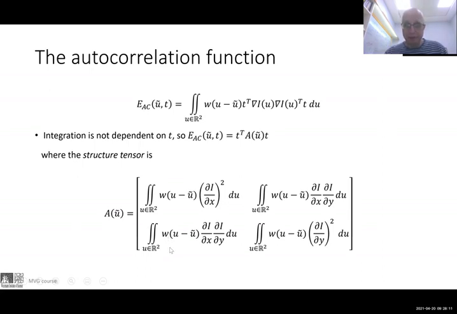Okay, and that's the autocorrelation tensor, the structure tensor. You can also call it autocorrelation tensor. Right, so it's exactly the same matrix, same positive semi-definite matrix that we saw before, except that it is integrated over the window. Okay, which makes it more stable, let's say, in the image.